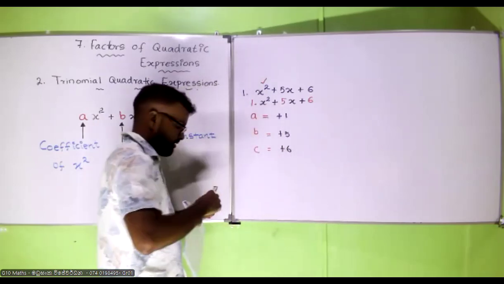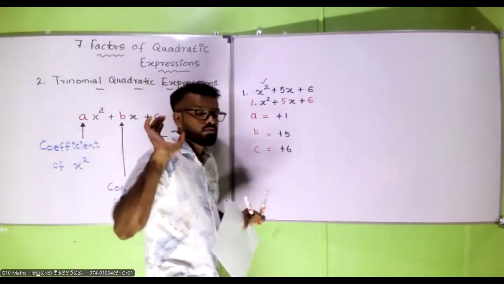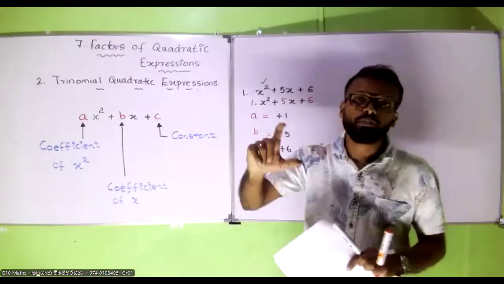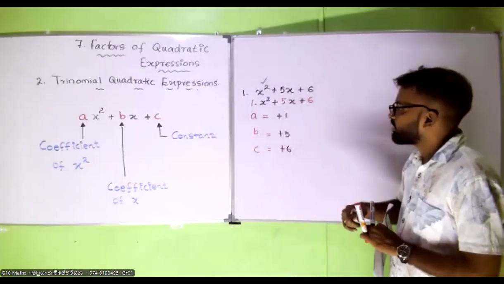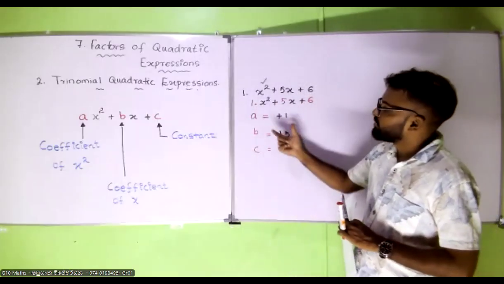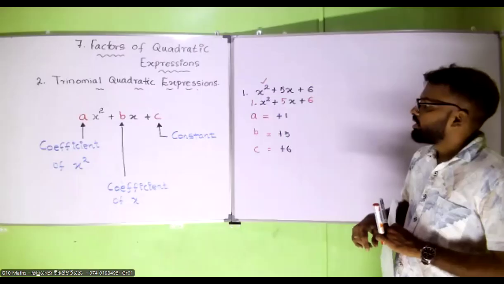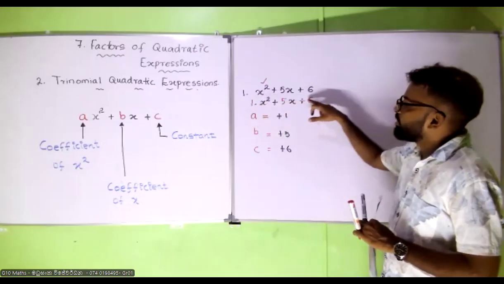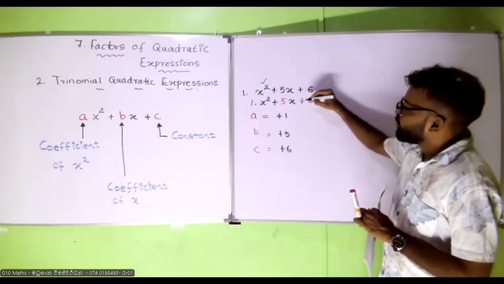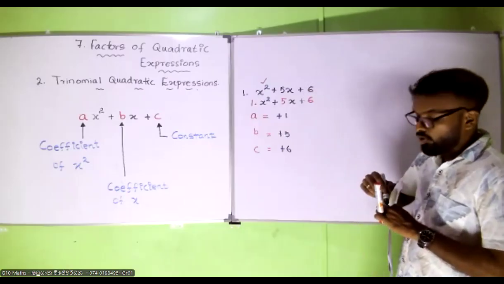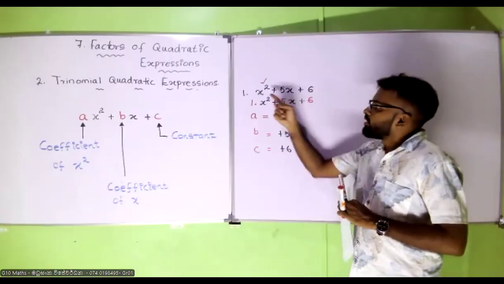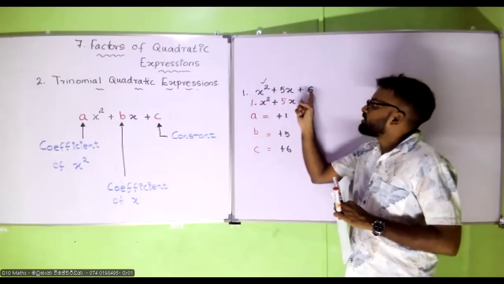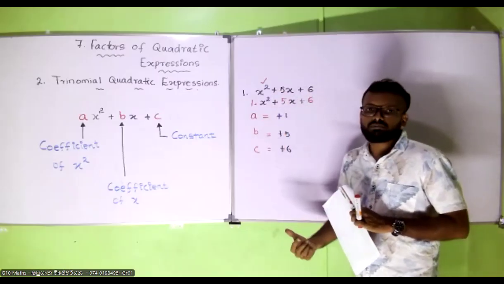You already know those things are positive, otherwise you would be having negative signs as well. So this is the answer for the first one. Actually, you no need to write this one. For your understanding, I have written this. But you can see here 1, 5, 6: A, B, C. Very easy.